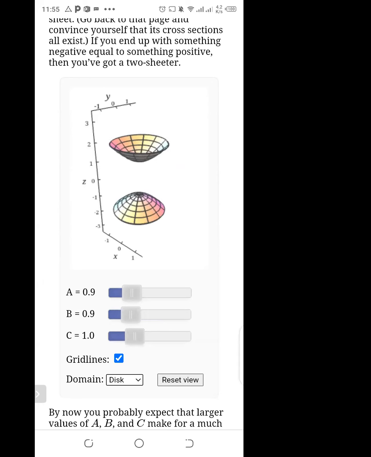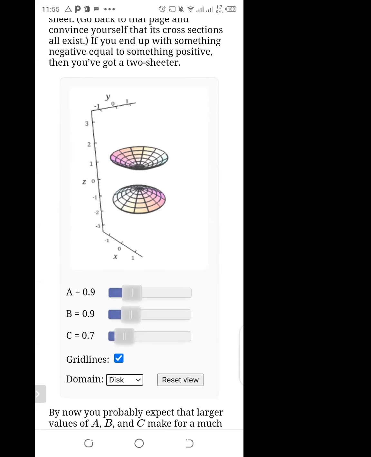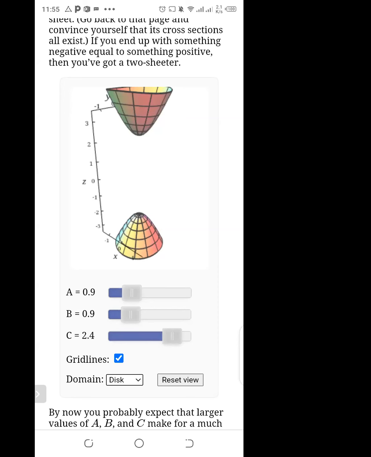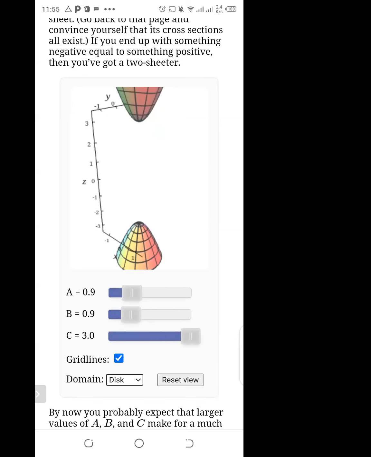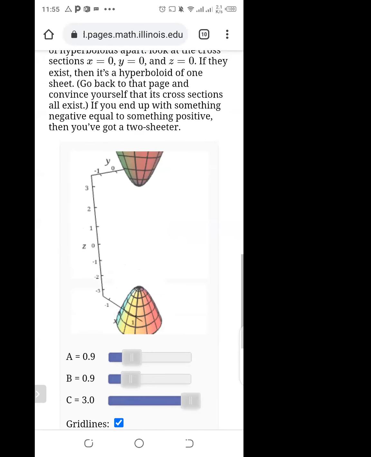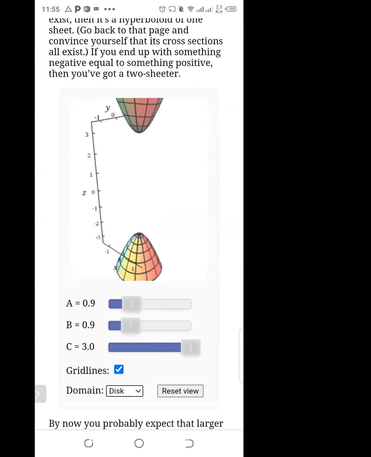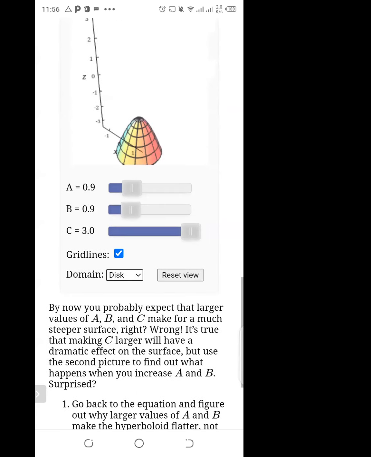This is when C is equal to 0.7, when C is equal to 0.8, when C is equal to 2.4, 2.5, and lastly when C is equal to 3. Okay. So that's it. That's all I wanted to show you.